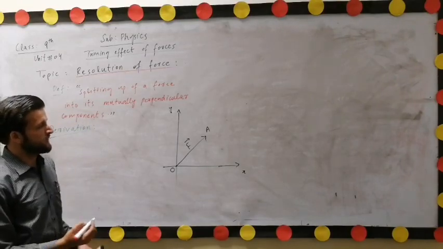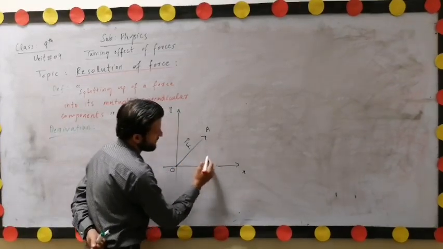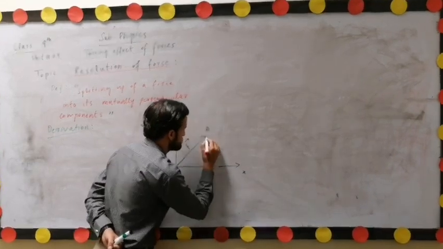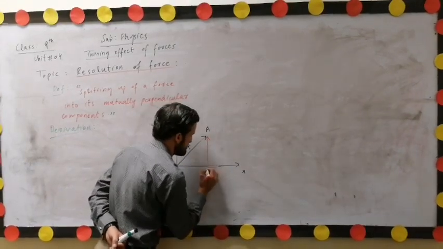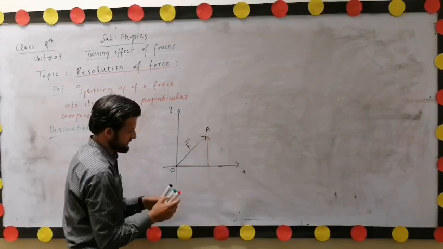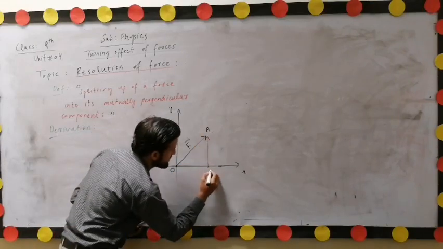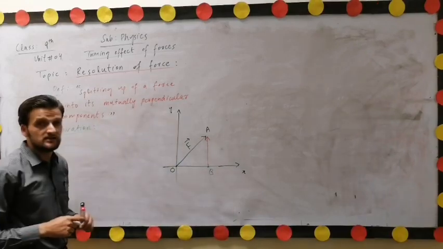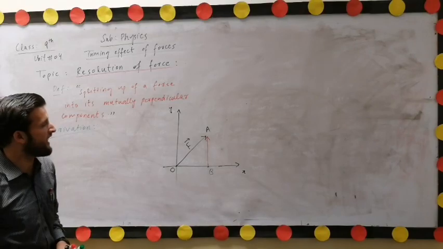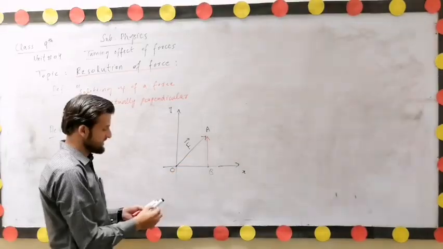Now we draw a perpendicular from A on the x-axis, in this direction. We call this point B. This vector AB is parallel to the y-axis, so it is the y component of this force, Fy.